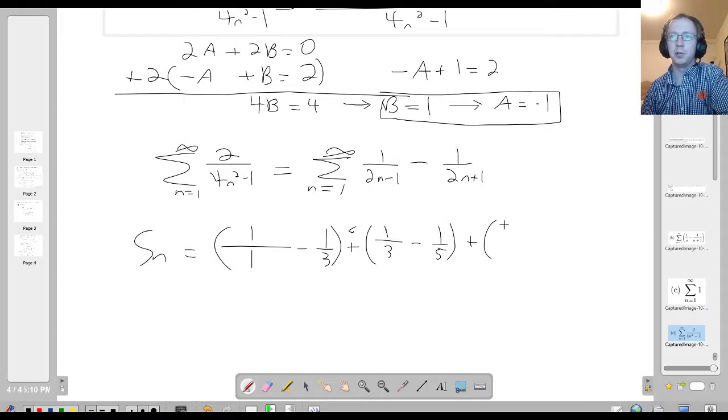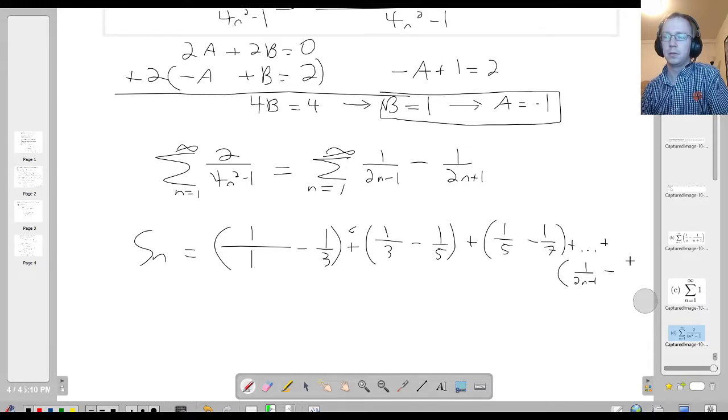And if I plug in 3 for n, 1 over 5 minus 1 over 7. I would keep adding terms all the way until I get to n, where I would have 1 over 2n minus 1 minus, and I kind of ran out of space here, so let me do this on the next line, 1 over 2n plus 1. Now, here's what I want you to notice.